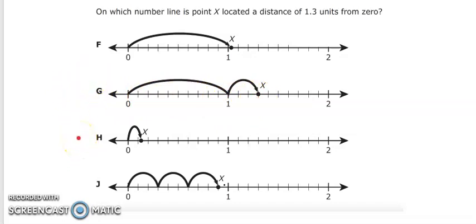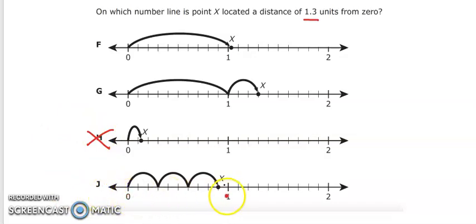Now we look at choice H, and I see that it is a little after 0, but 1 unit is here. So H is not an answer because my number is 1 unit and a little bit more, 1 unit 0.3. So I'm going to eliminate that. Now when you look at J, we're going to do the same thing.